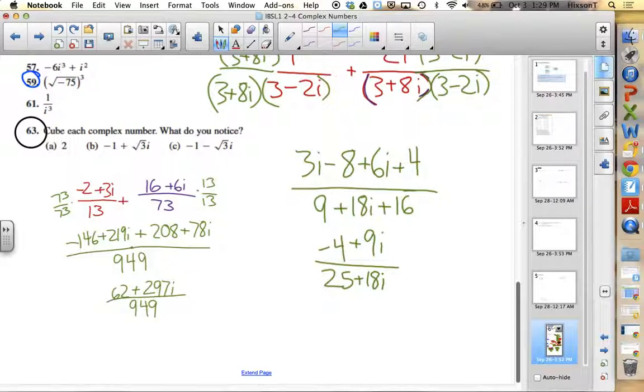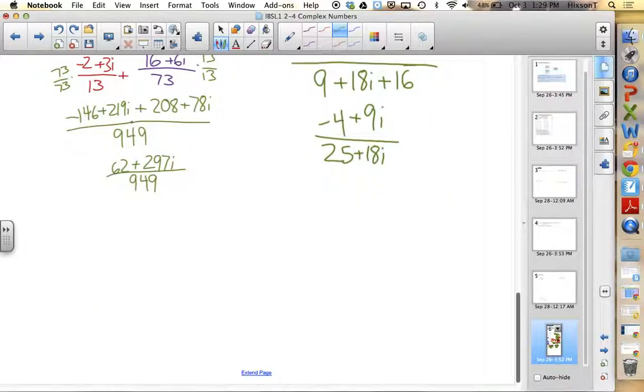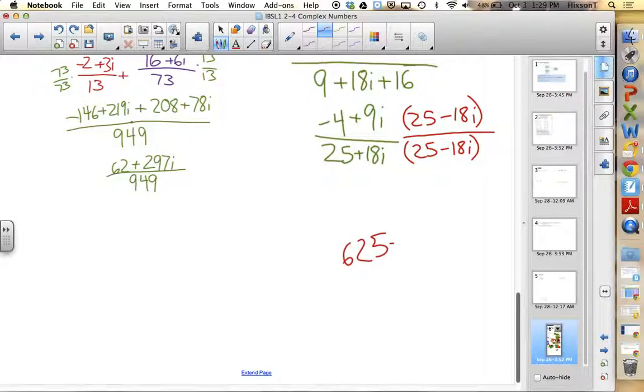You do 25 times 25 minus 18i. Yes, you've got to multiply by 25 minus 18i. Okay, so your denominator is going to be 625 minus 18 times 18, 324i squared.